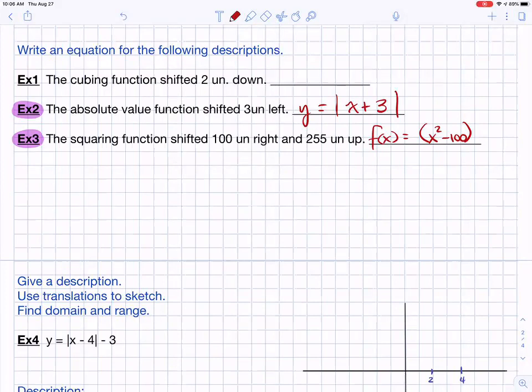Who's the parent? It's the squaring. So is the minus 100 inside the squaring? No, it's not. All right, so Blake, can you think of a way that we could fix that then?